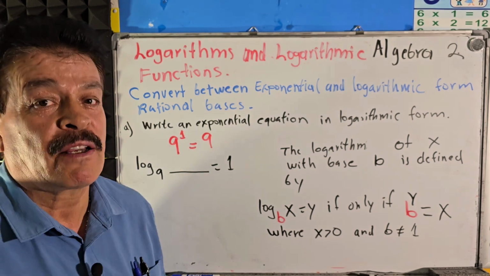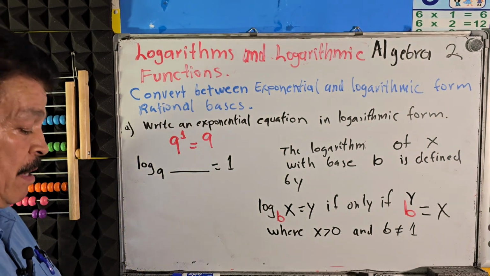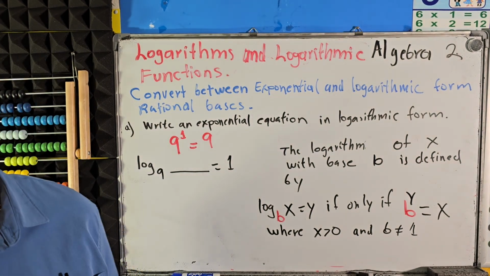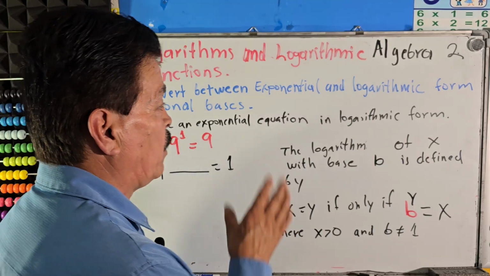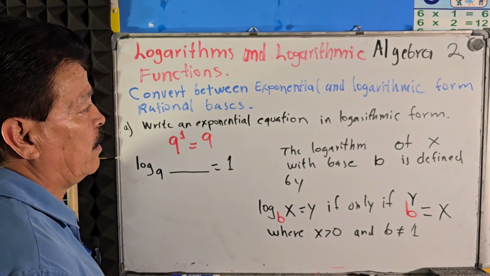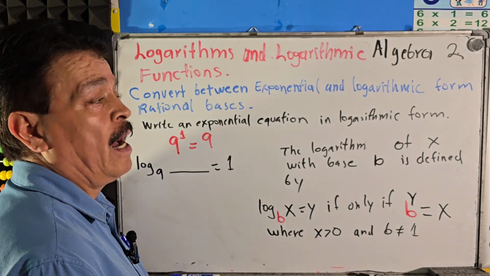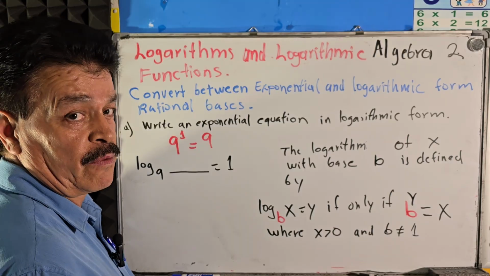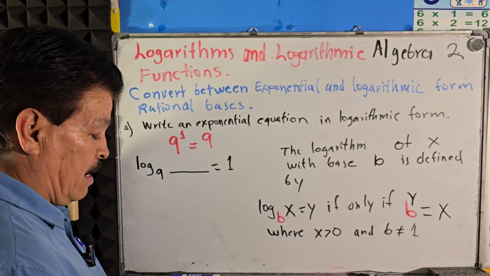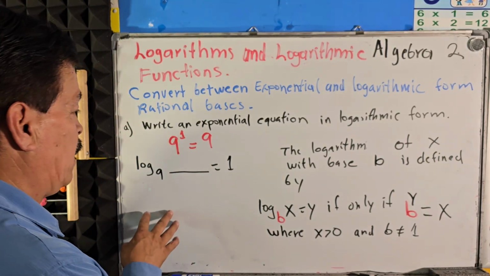So that's the main concept that we have to know when we convert between exponential and logarithmic form with rational bases. Now we have to solve the problem.